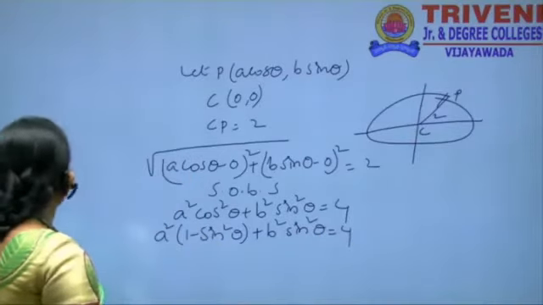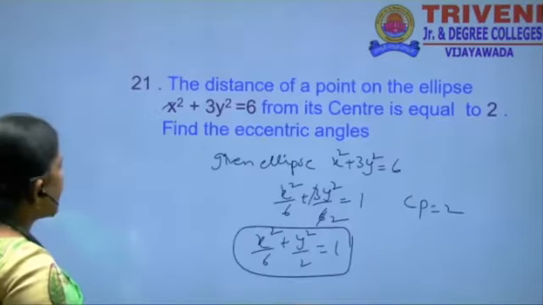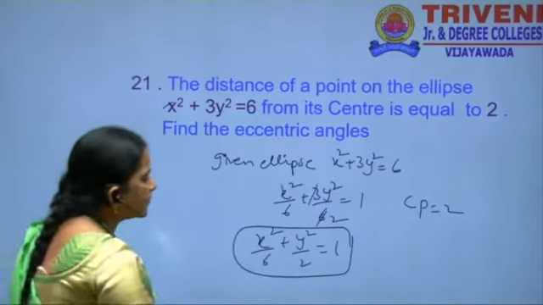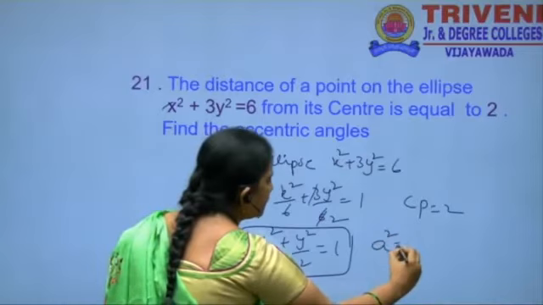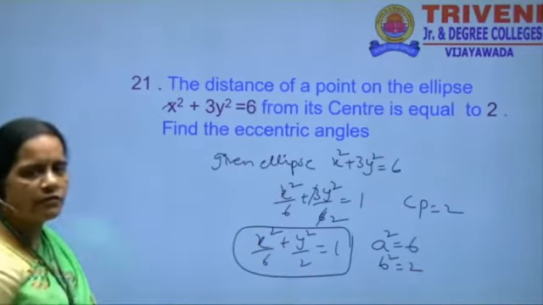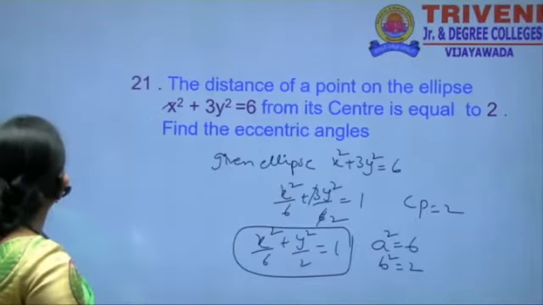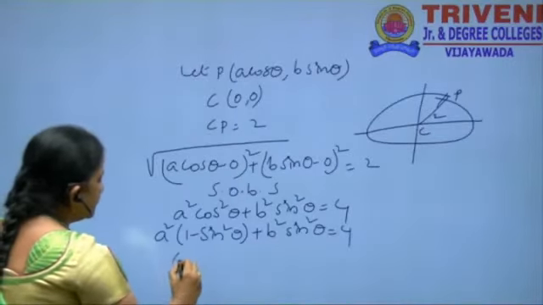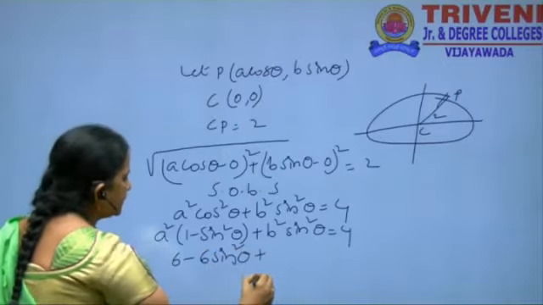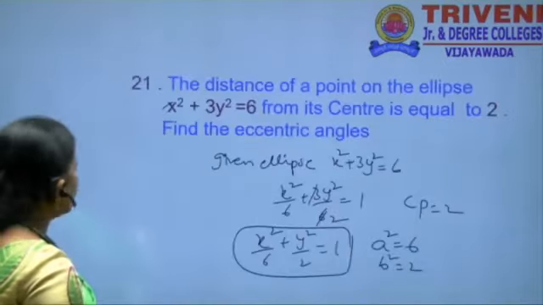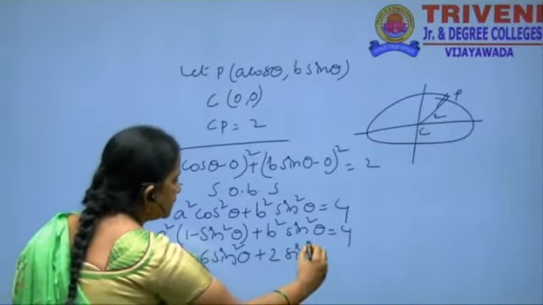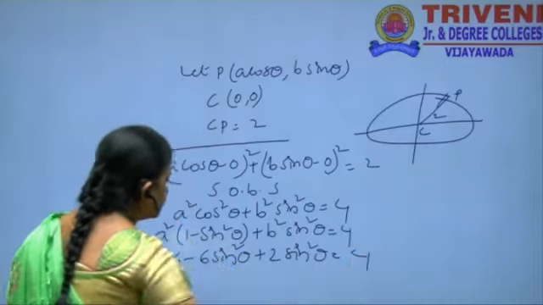Already we converted into the ellipse standard form, x square by 6 plus y square by 2 is equal to 1. Here a square is equal to 6, b square is equal to 2. Substituting the values of a square and b square here, then 6 minus 6 sin square theta plus, what is the value of b square here, 2, so 2 sin square theta is equal to 4.